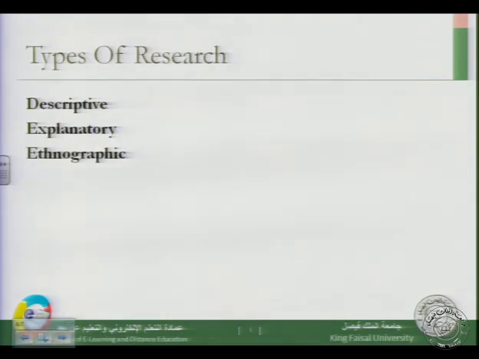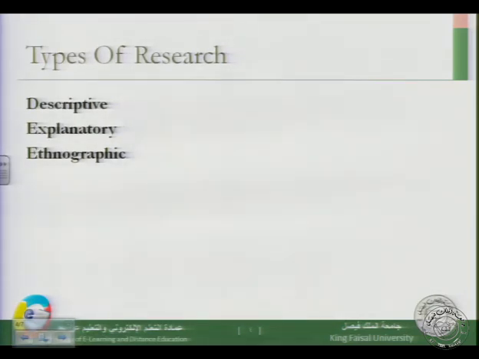Ethnographic. Ethnographic is very different. It's like, for example, you say, I am going to Al-Ahsa society or Najd society or Al-Hijaz society, and then I want to explore some problems. I don't have anything particular in my mind, or let's say I have something particular in my mind. Let's say I want to study Hijazi accent.